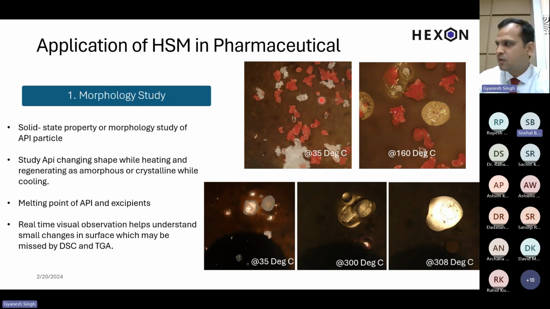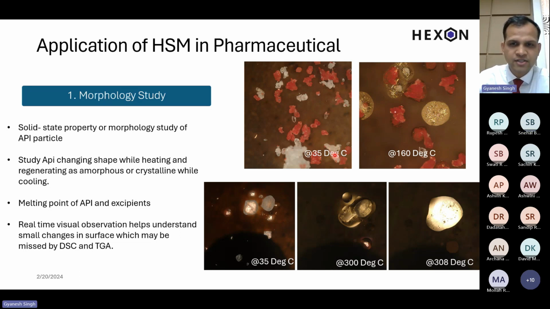So this is one of our tablet samples. It has excipients, API, which is in white, and you have this red. These basically are the polymer.